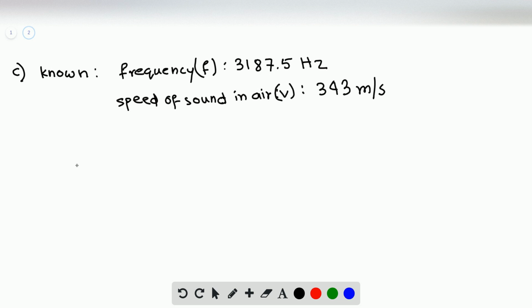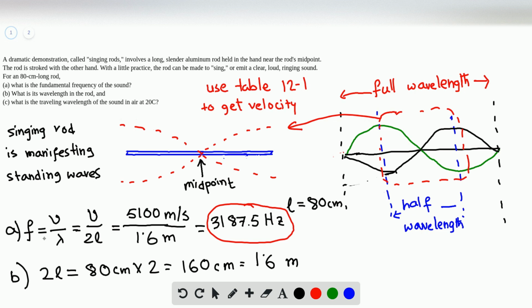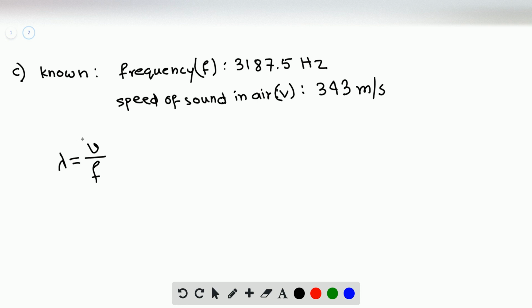If we use the same equation, lambda equals v over f. We get this from frequency equals velocity over lambda: all we're doing is taking lambda to the left side and putting the frequency on the right side.